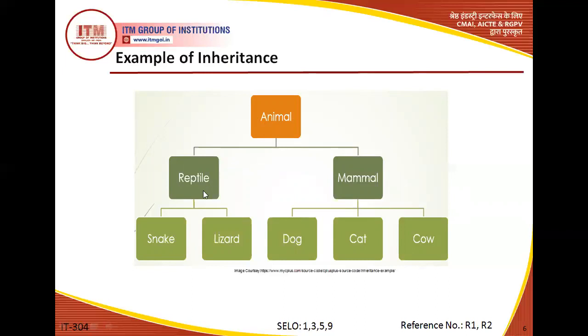And then, further down in this hierarchy, we can see that snake and lizard inherit the properties of reptile, and the dog, cat and cow classes are acquiring the properties of mammal.